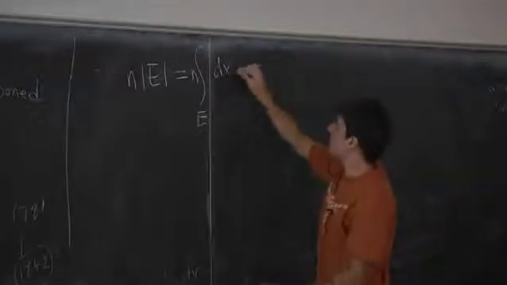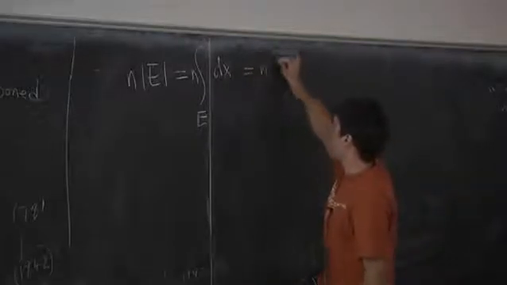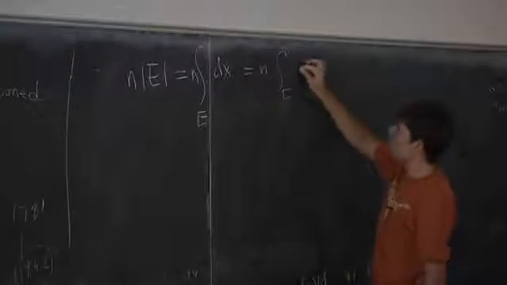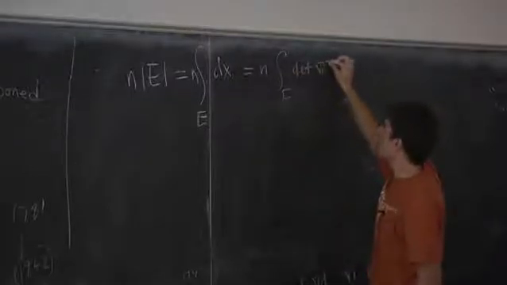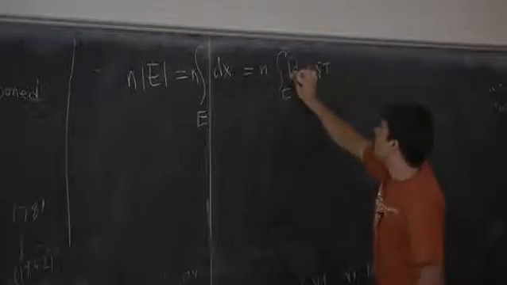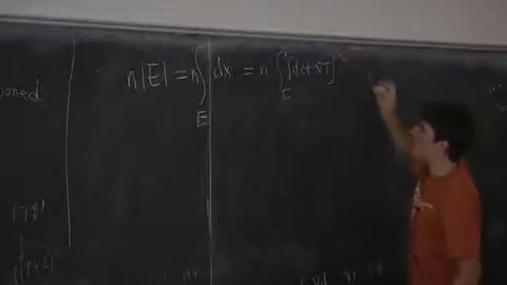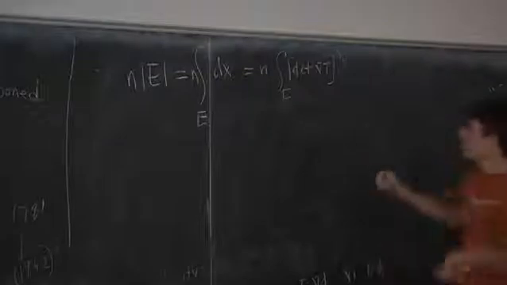So we can write this as n times the integral over E of 1, which is the determinant of grad T. Remember, this is a matrix. And for fun, we're going to put a 1 over n here, 1 over n, doesn't matter, dx.